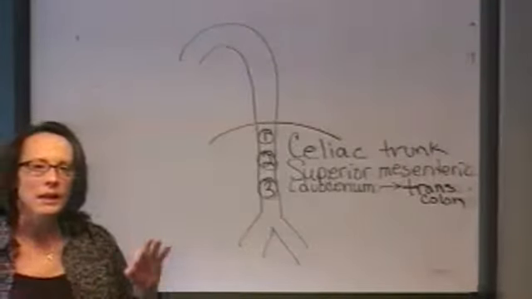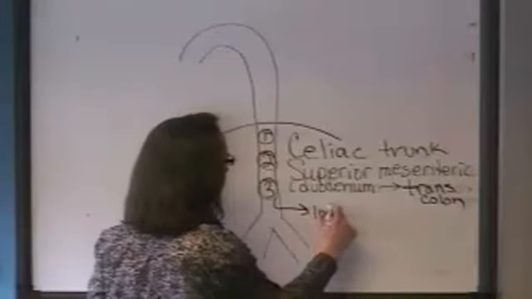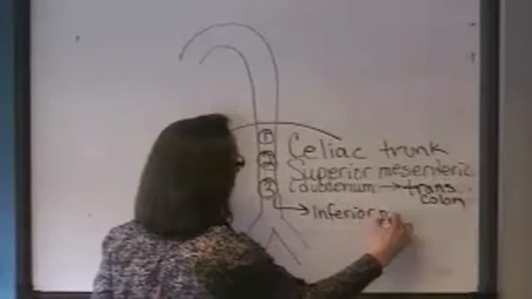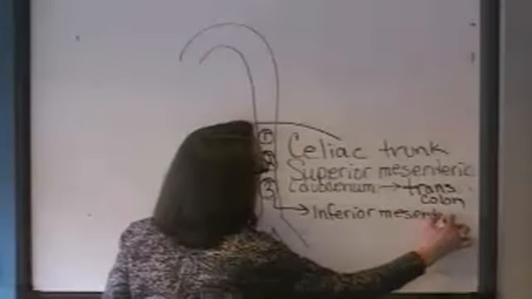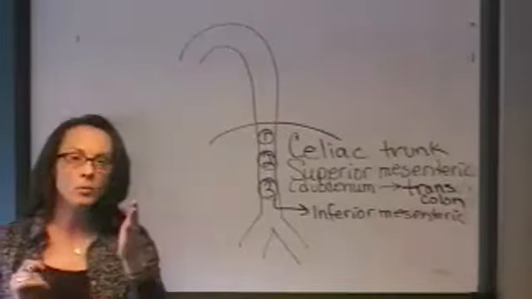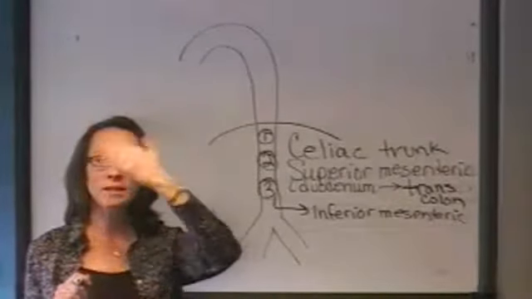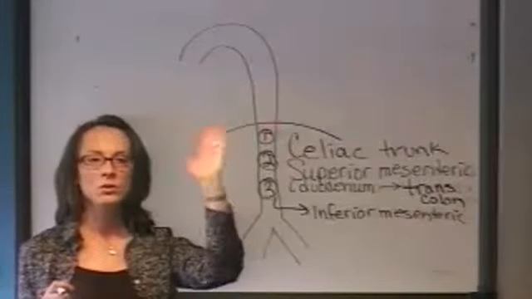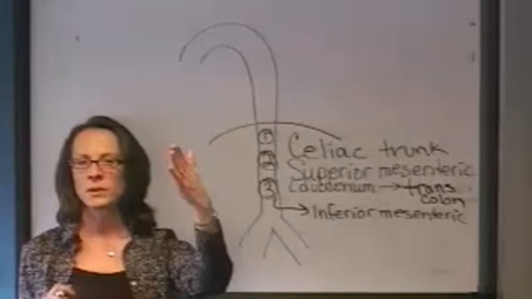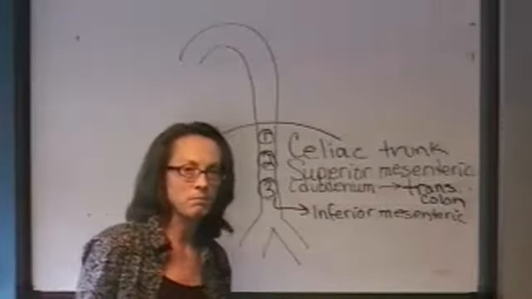Inferior mesenteric is number 3. Now, inferior mesenteric is going to pick up where superior mesenteric leaves off at the transverse colon, and it goes all the way down to rectum. So transverse colon, splenic flexure, descending colon, sigmoid colon, rectum.